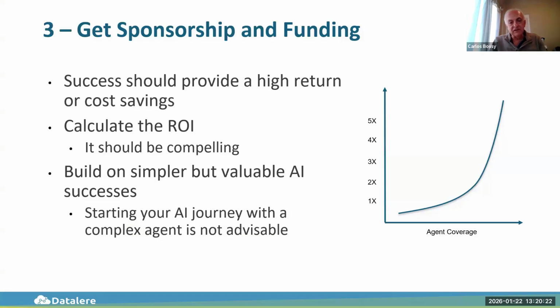An agent that can give you a return of 3 or 4 or 5 times, but without being super complex, because starting with a complex agent might derail the project altogether. It might be difficult to get it up and running. So if you can find that mix of a good use case with a high ROI, that would be the way to go after the funding and approval aspect of this from your organization.